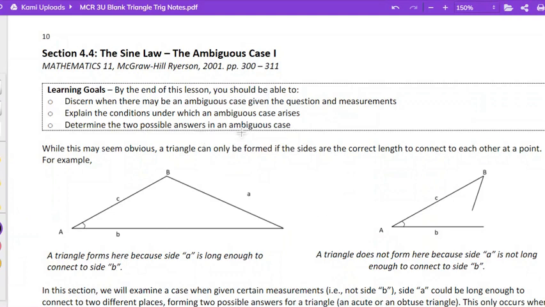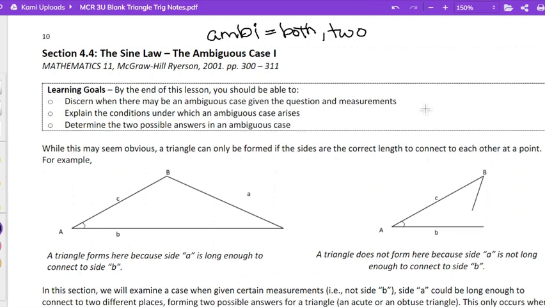Ambi, for our purposes, means both or two, which means so far in trigonometry, there has always been one answer. Today, folks, we're going to do examples where there are two possible answers. It feels backwards. It feels like it shouldn't be like that, but it is.